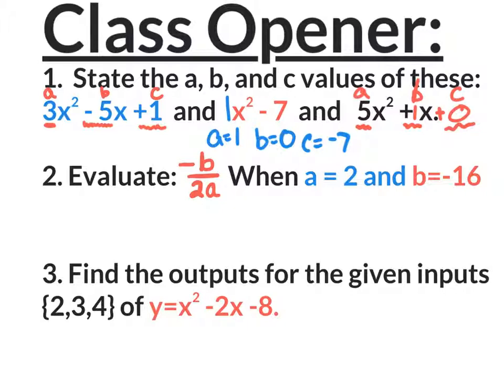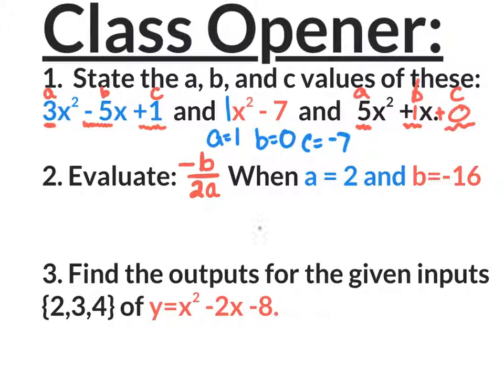And again, this is going way back when I asked you to evaluate variable expressions. Now, what does evaluate mean? To simply plug it in. Plug in your numbers that they give you and do the math. So we have this red fraction. It says negative b over 2 times a. So the very first thing, if you remember way back in semester 1 of algebra when we would evaluate things, we plug in values with parentheses. That's the best way to do it.